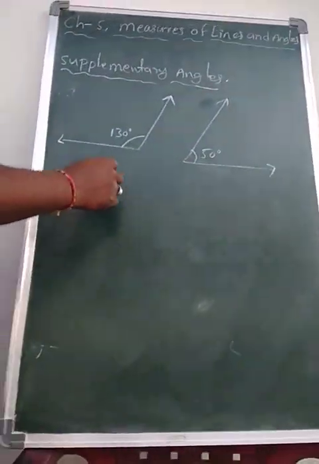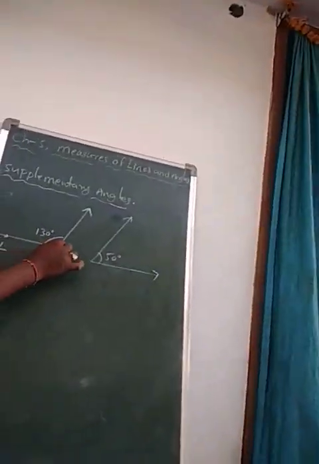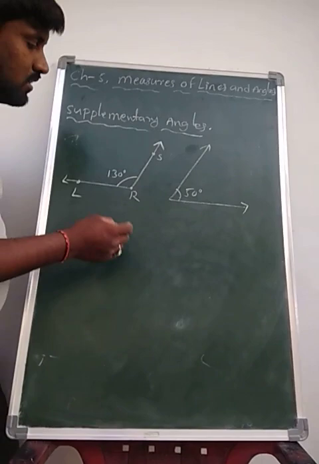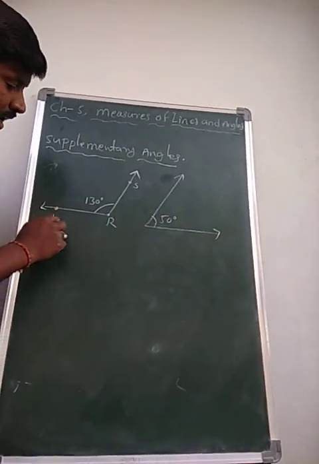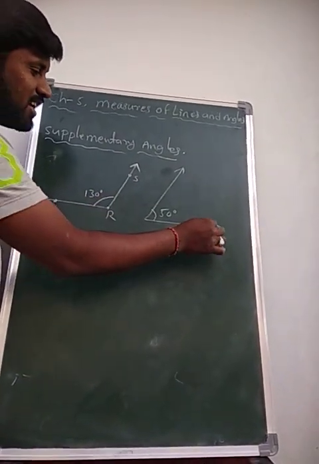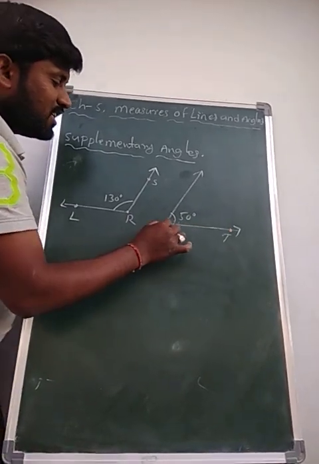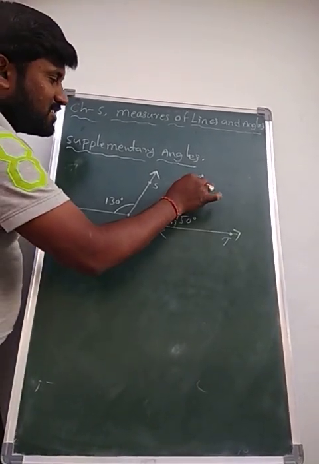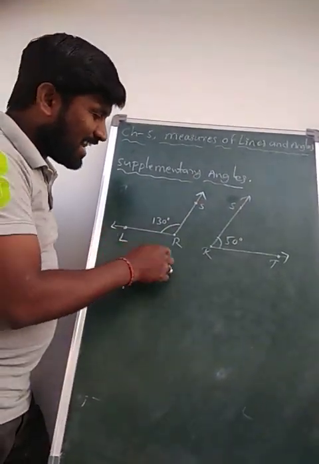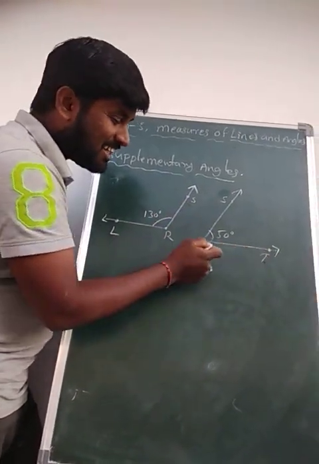Okay, so this is angle LRS. What is the next angle? That is angle TRS. Okay, angle LRS, angle TRS.